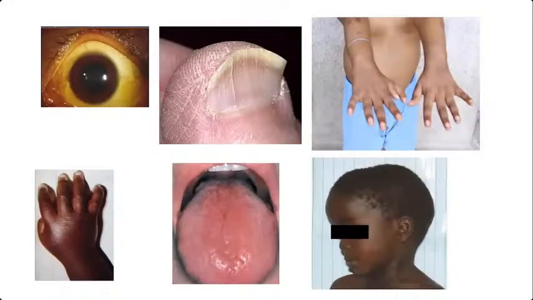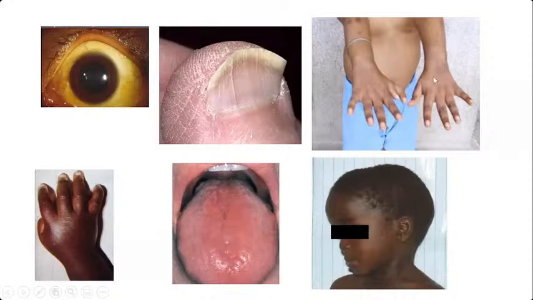And this is just to show you the scleral jaundice. You can see in the eye here, the sclera looks yellow. This nail shows you koilonychia, where the nail is spoon-shaped, or there is indentation of the nail. And in addition, you can see that the nail has abnormal ridging.